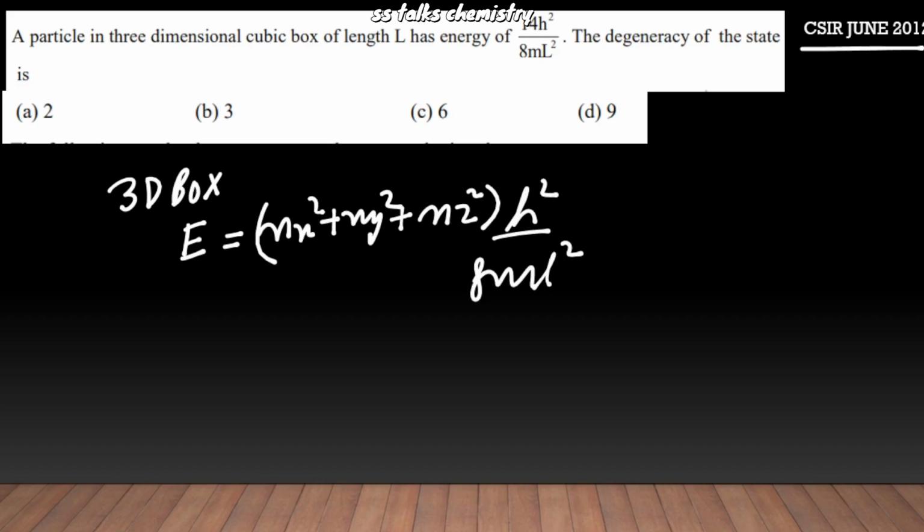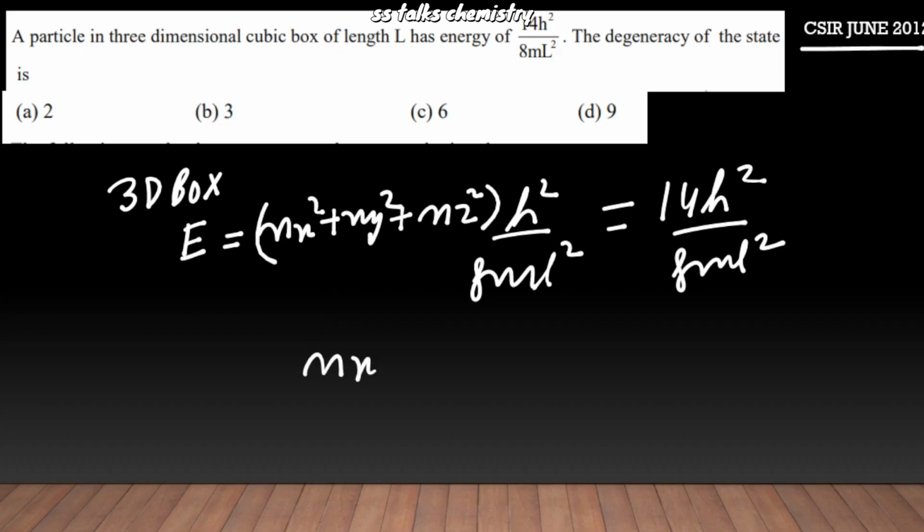This is equal to 14 h square upon 8 mL square. So nx square plus ny square plus nz square comes out to be 14.